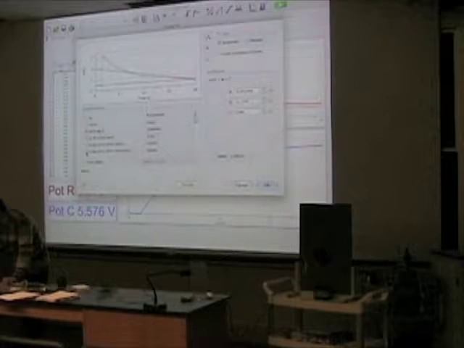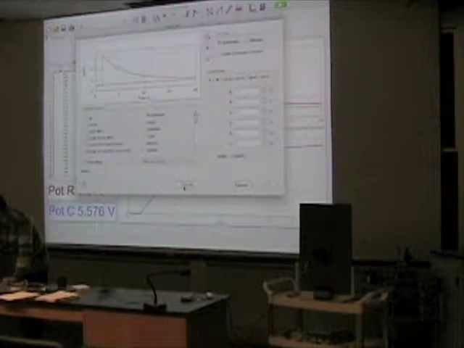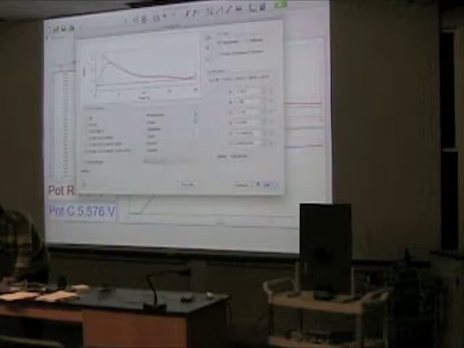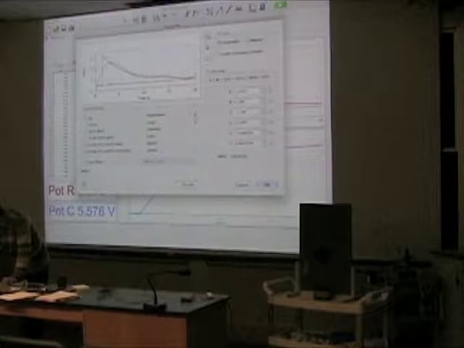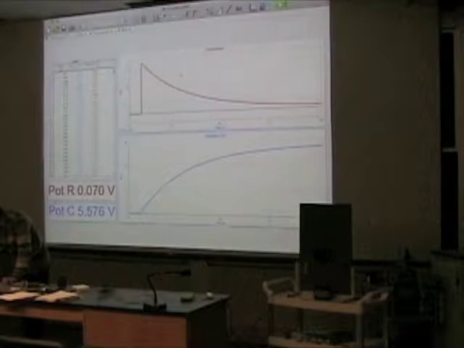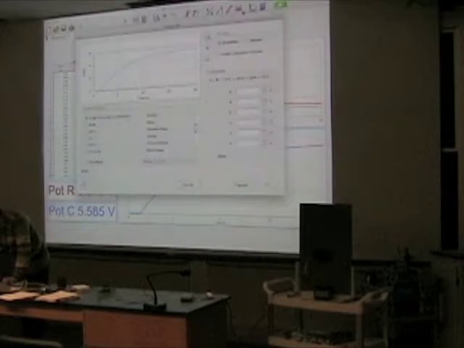Well, physicists know, doesn't really work. Let's try a different function.